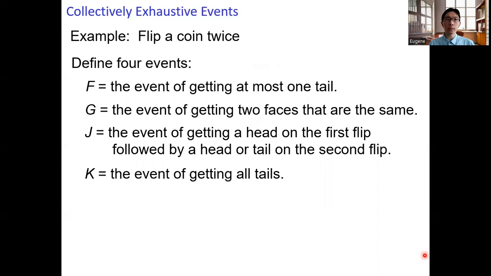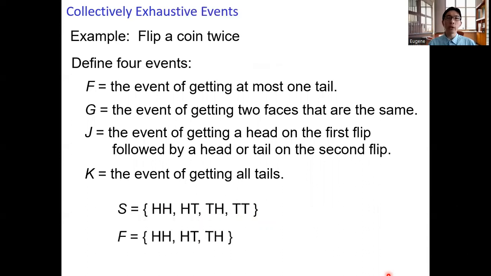Let's write out the sample points in all 4 events. The sample space consists of sample points HH, HT, TH, and TT, where H denotes head and T denotes tails. Event F consists of HH, HT, and TH, getting at most one tail. So either you get HH, no tail, or HT or TH.